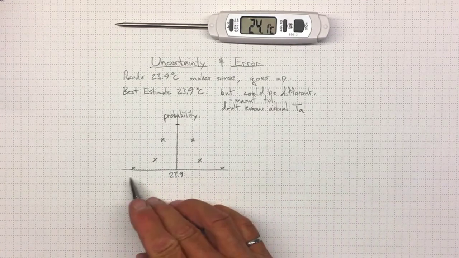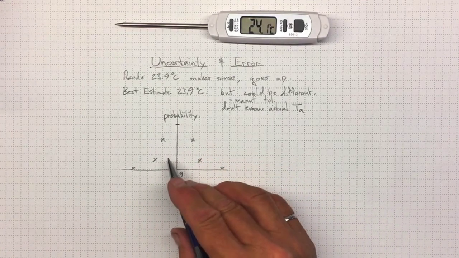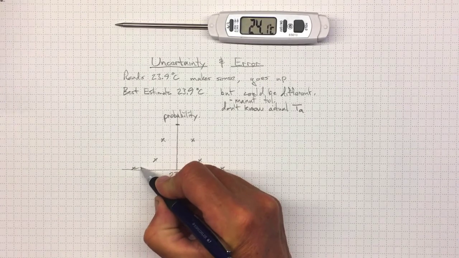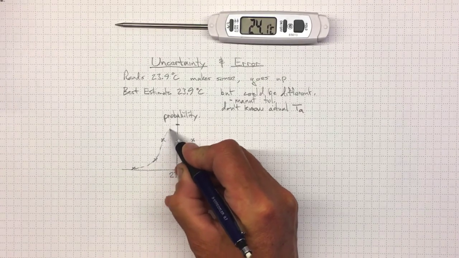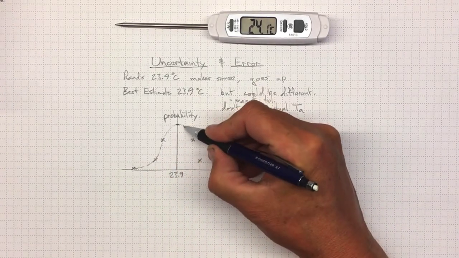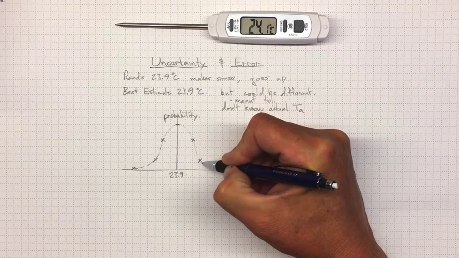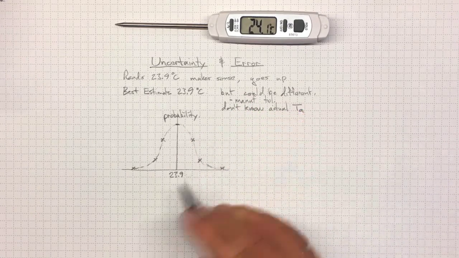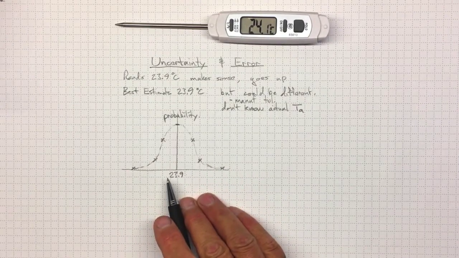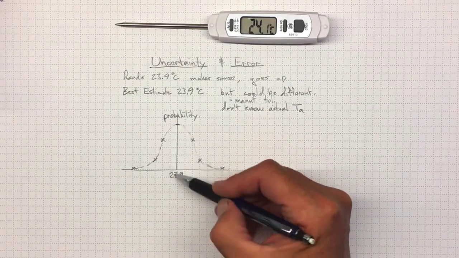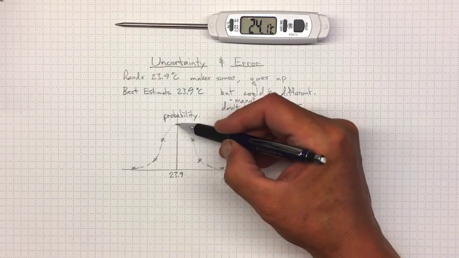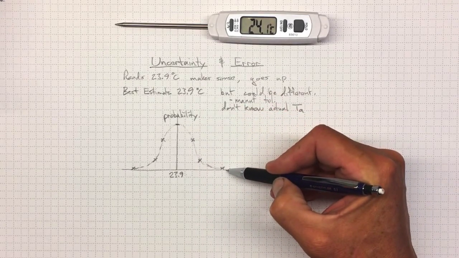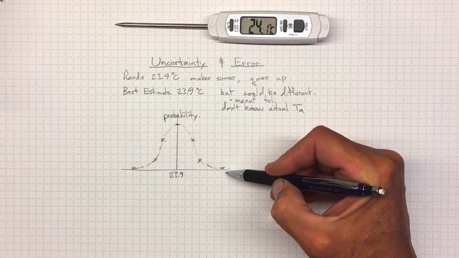Now, if we drew a curve through these dots, we'd get something like this. And you might or might not recognize that as a bell curve or a Gaussian normal distribution. It's a distribution of probability that says the most likely values are in the center, and things get less and less likely as we go farther away.